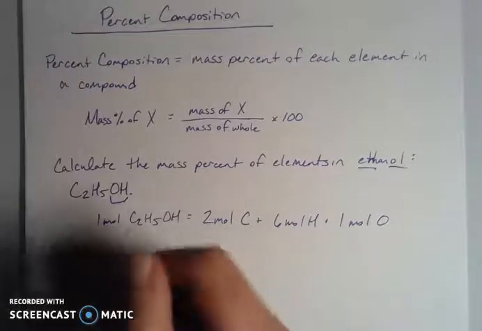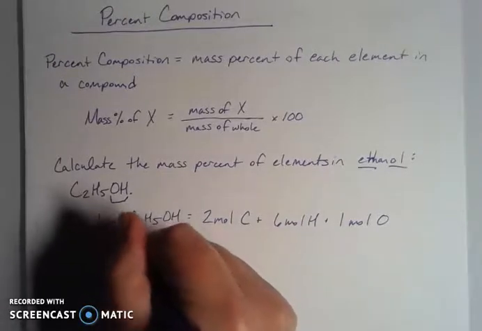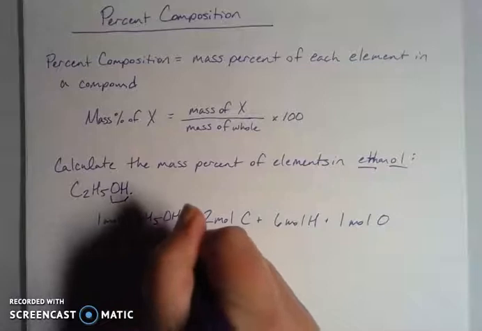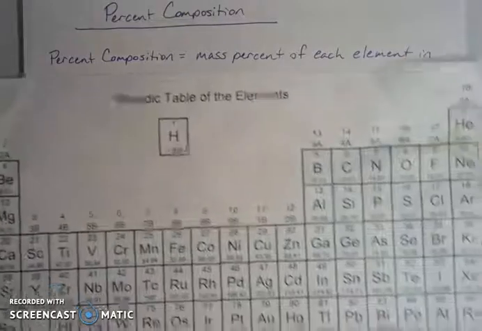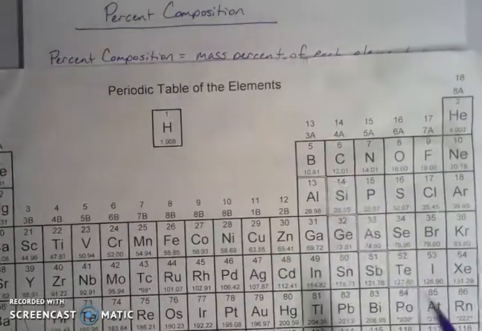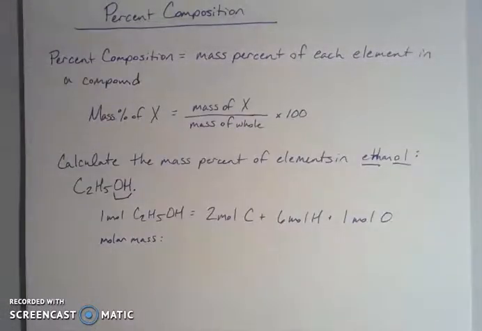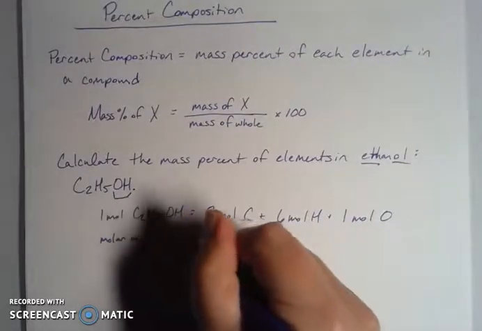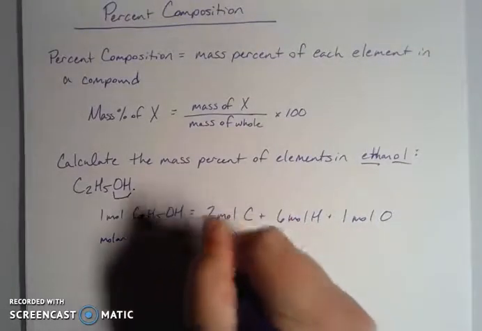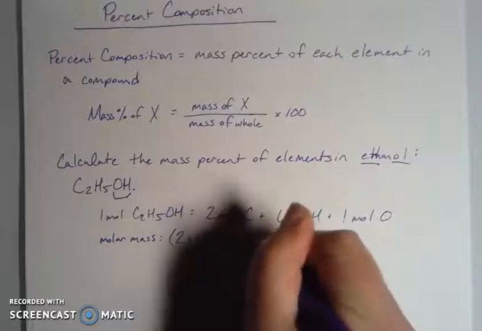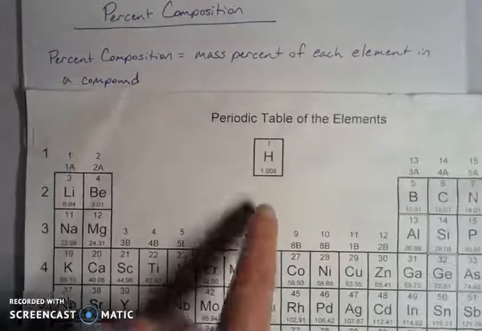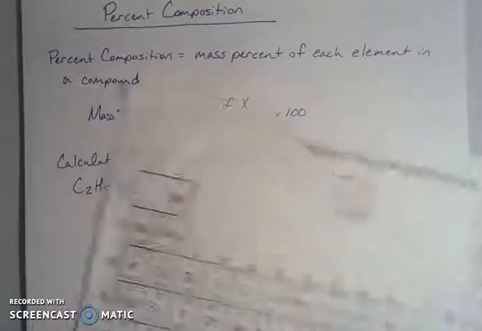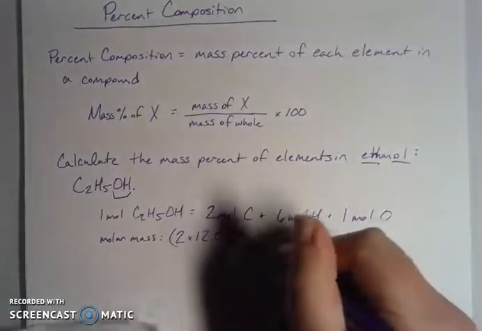And so if I wanted to find the molar mass of this compound, then I would take 2 of my mass of carbon. If I go to my periodic table, the mass of my carbon is 12.01 grams per mole. So 2 times my 12.01 grams, plus, if we go to my hydrogen, it's 1.008, so that would be 6 times this.